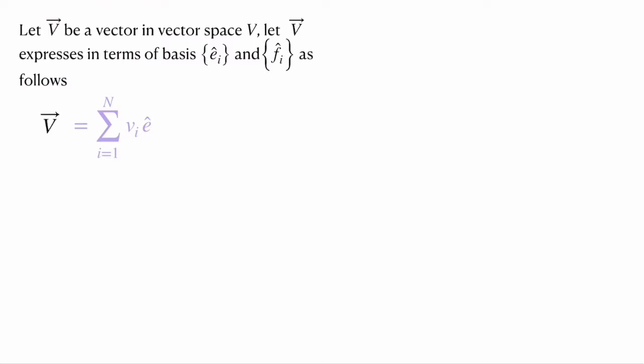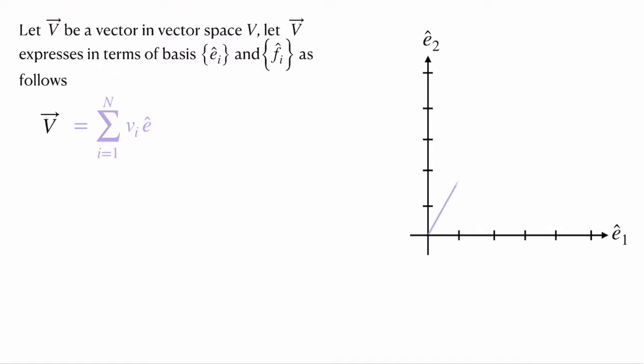So V can be written as Vi Ei, summed over i equal to 1 to n. The index i is missing here. Pictorially, you have basis vectors E1 and E2, and then vector V can be expressed in terms of two components V1 and V2.